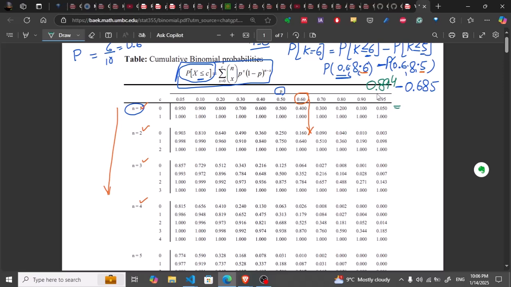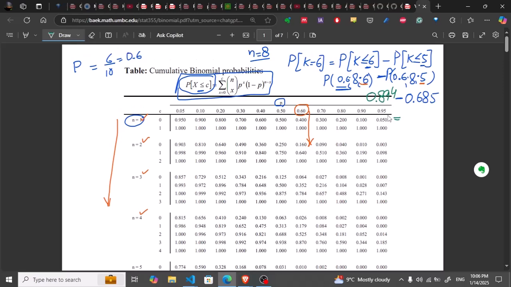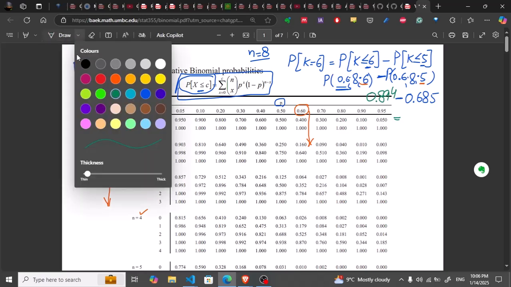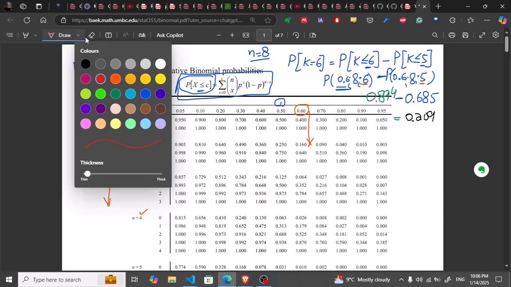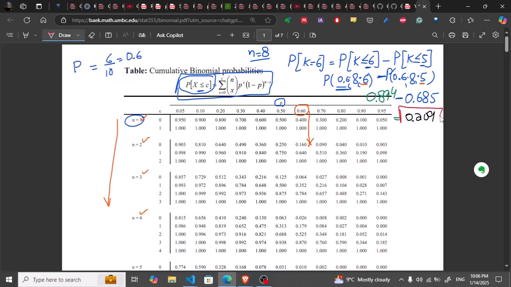Once we subtract them, what will be the answer? Let me use another color, this black. The answer of it would be 0.209, okay, which is basically the solution of the question which I wanted to find out.